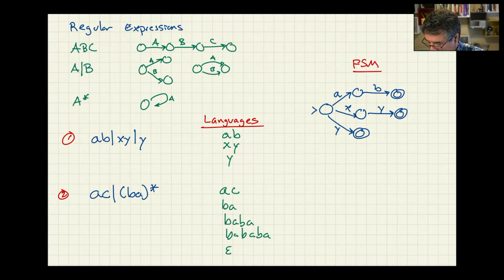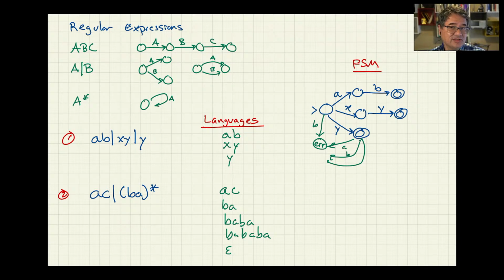And so they would say, well, you need to have a B coming out, and that needs to go to an error state. Likewise for all the others. To me, that makes the diagram too complicated.